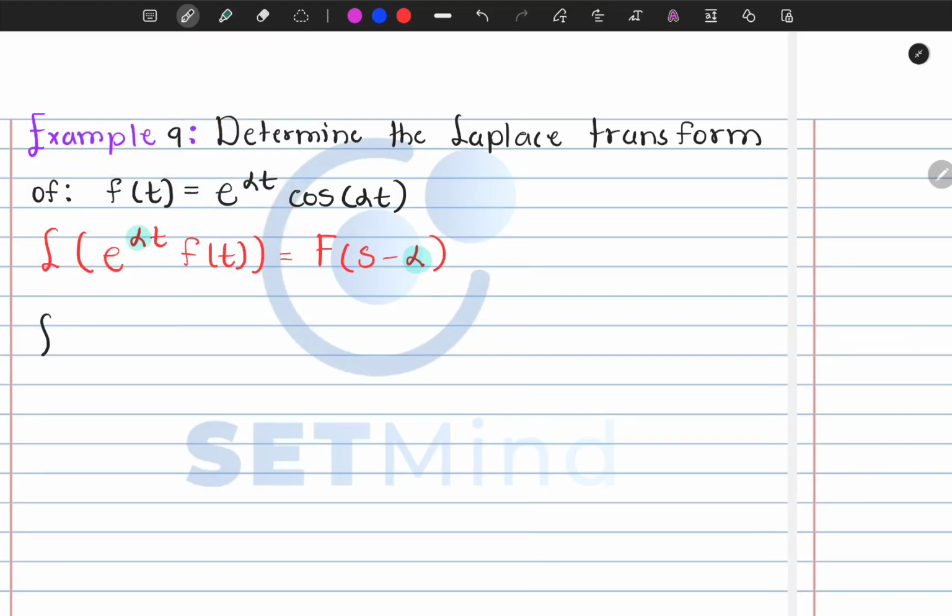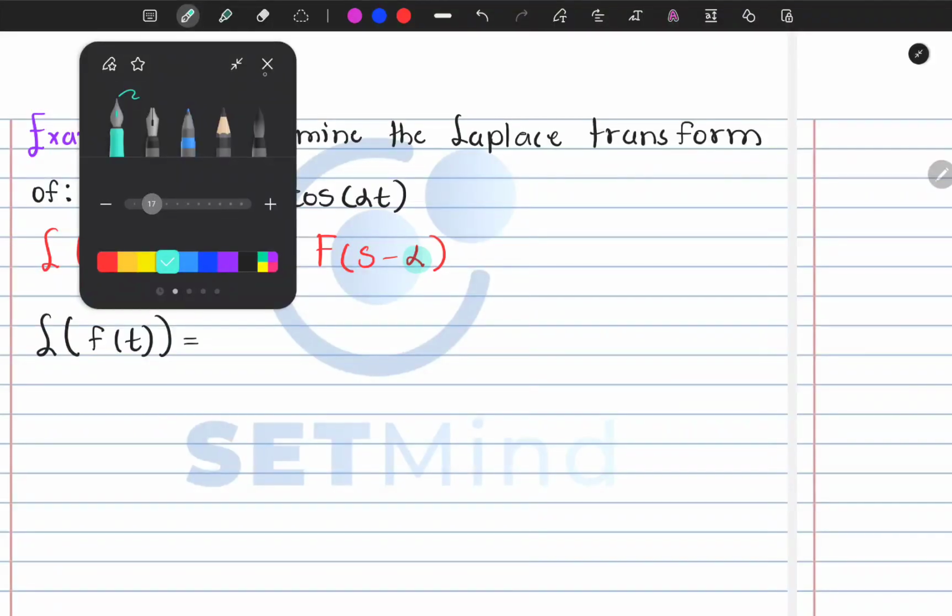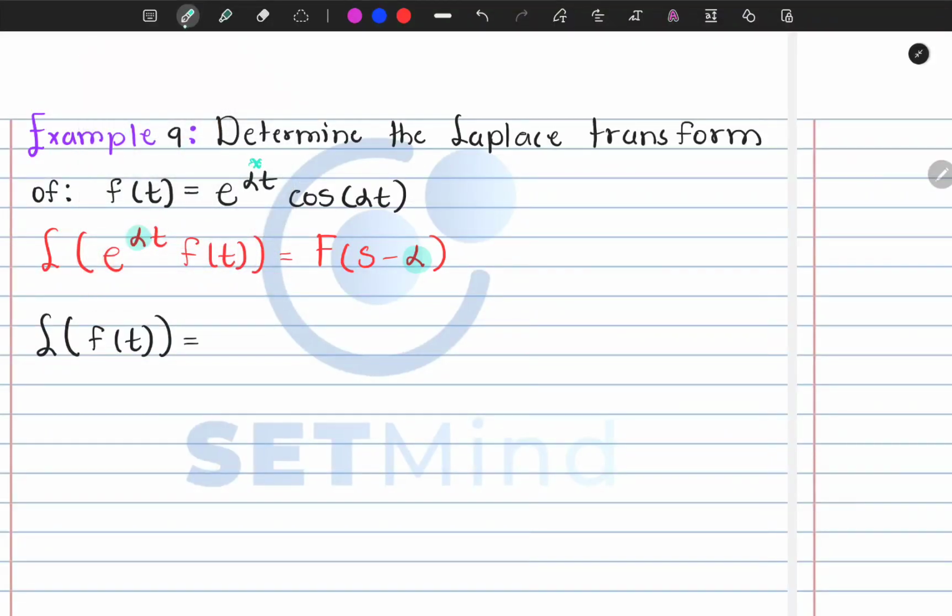So this means that if I'm looking for the Laplace transform of f of t as an example, I need to recognize that this term here is going to cause a frequency shift. So I can just find the Laplace transform of cos of alpha t, which is already what we know.